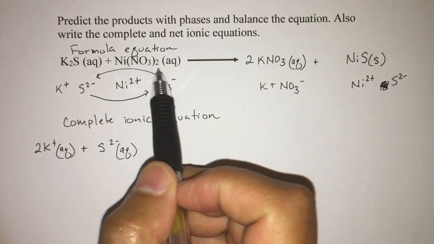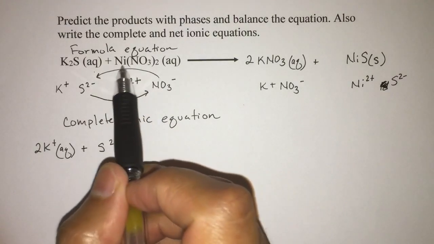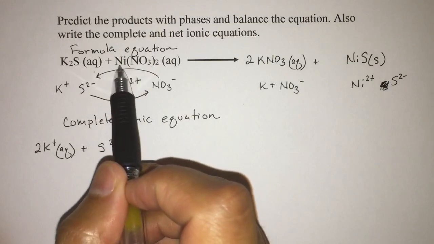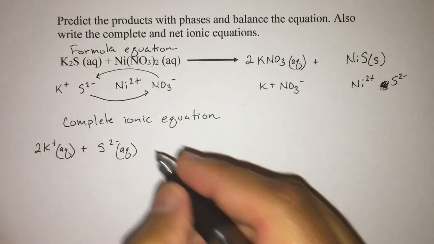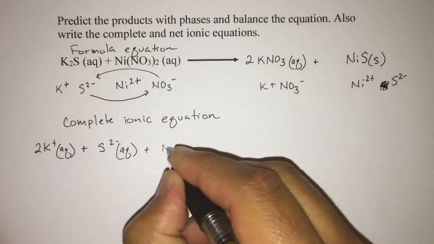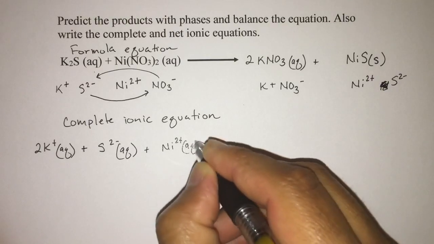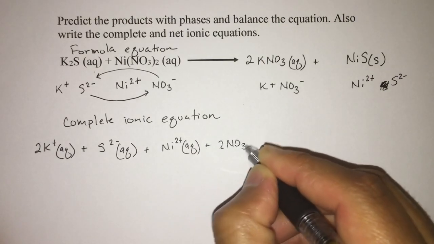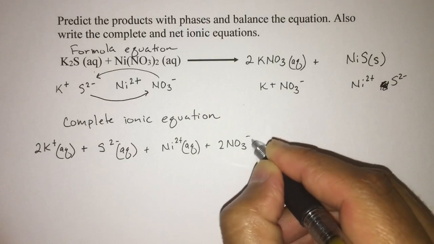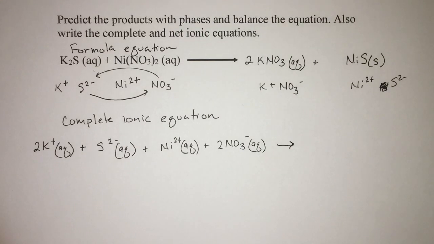Look at the nickel nitrate. For every 1 mole of nickel nitrate, there are 1 mole of nickel that dissociates, 2 moles of nitrate that dissociate. Okay, let's look at the product side.